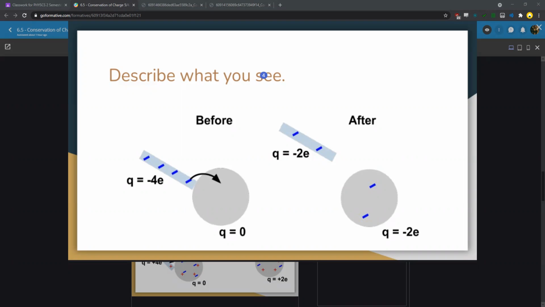Take your time to write it down too, by all means. They're trying to become equal, okay.